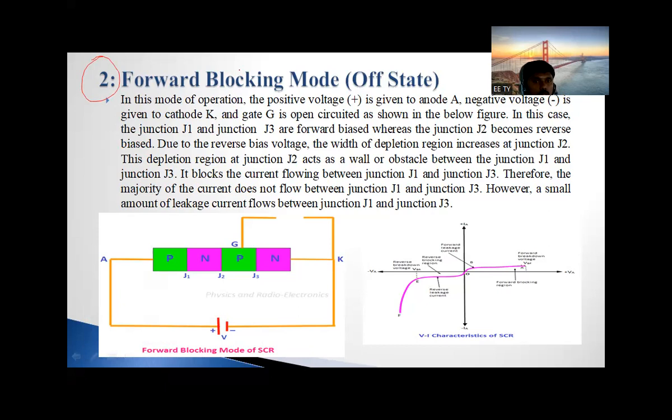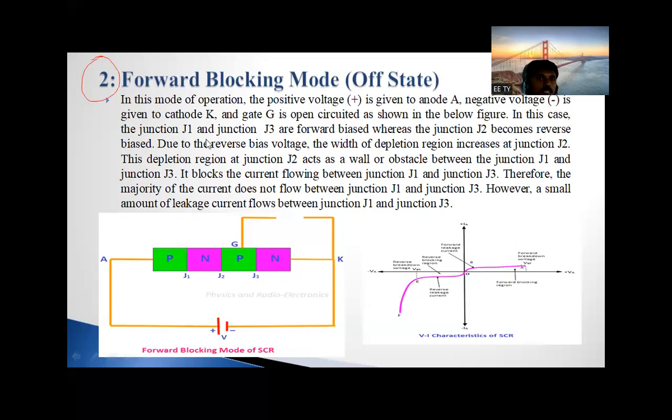Raut, Anmol: forward blocking mode. Yes, please answer now. Brushali, Brushali. So I will mark absent. Aishwarya. Yes, sir. What is the second one? Forward blocking mode.